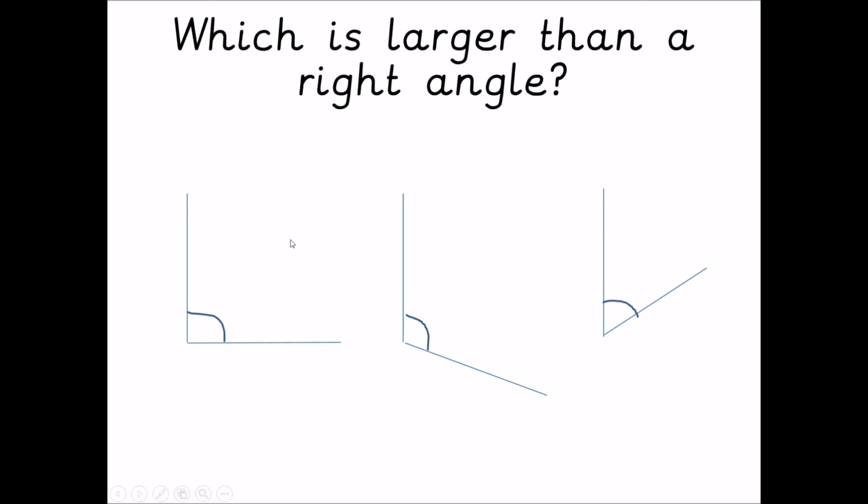Is it my first one, which we can call A, my second one, which we'll call B, or my third one, which we'll call C. I'll give you a moment. Hopefully, you've all identified. If you need a bit longer, just pause the video and you can resume it when you're ready. Hopefully, you've all identified that B is larger than the right angle.